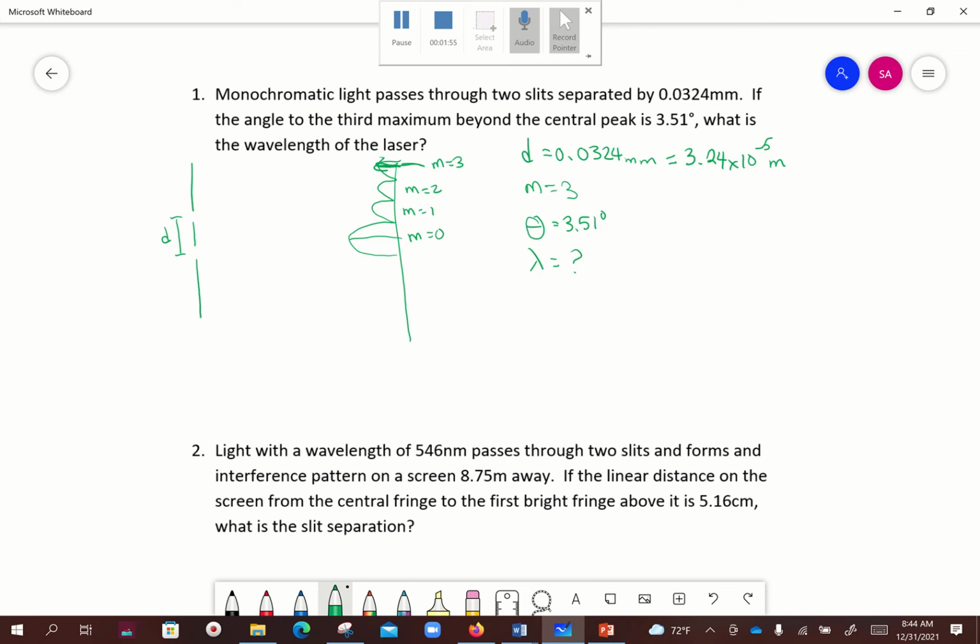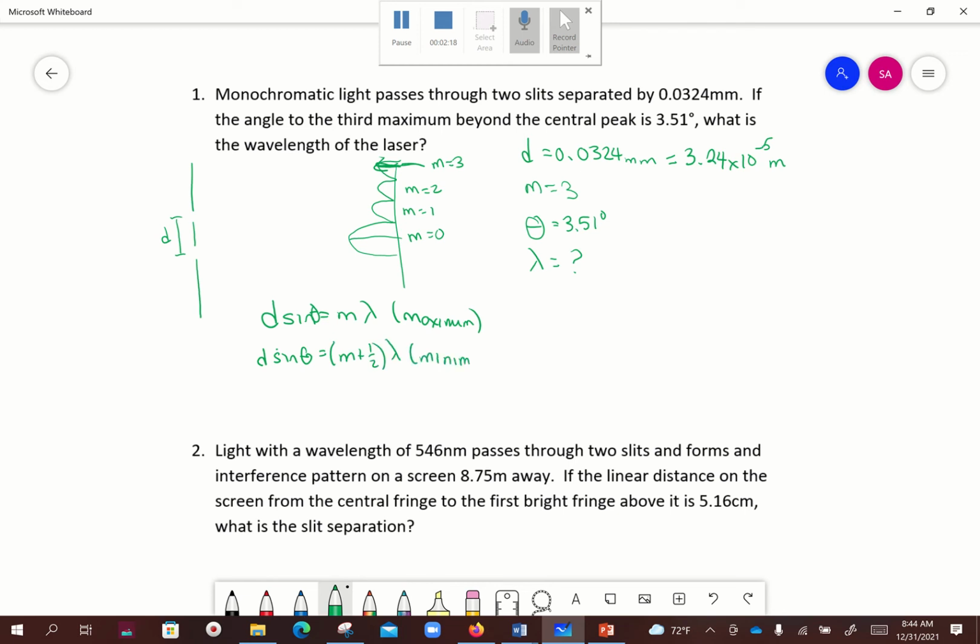So what equations do we have? We've got d sine theta equals m lambda for a maximum, and d sine theta equals (m plus 1/2) lambda if it's a minimum.